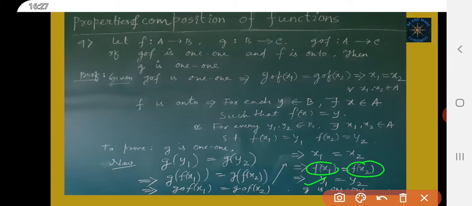This is equal to what? y2. So from this to this, we have g of y1 is equal to g of y2, which implies that y1 is equal to y2. So the function g is 1-1.